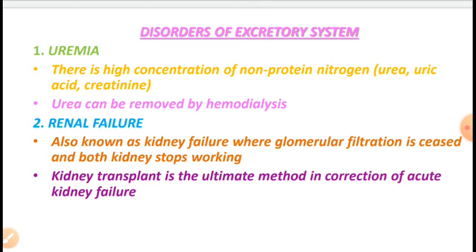When a person is suffering from kidney abnormality or failure of the kidney, at that time an artificial condition is provided. It is known as hemodialysis, and by this process urea can be removed from the body of the patient.